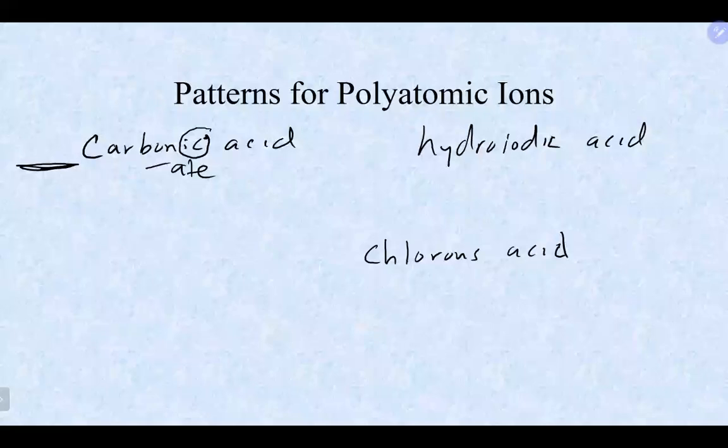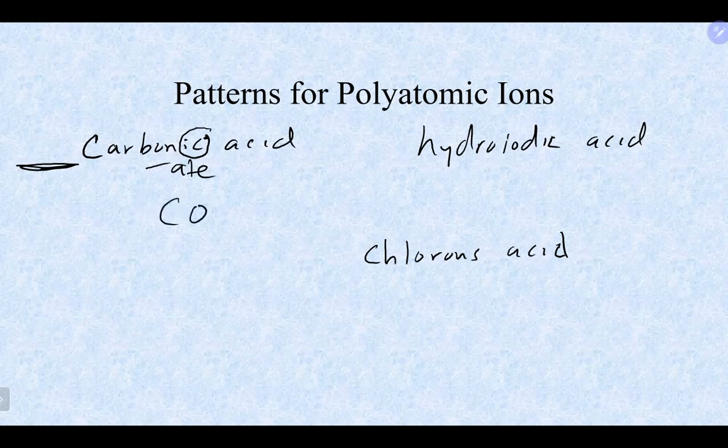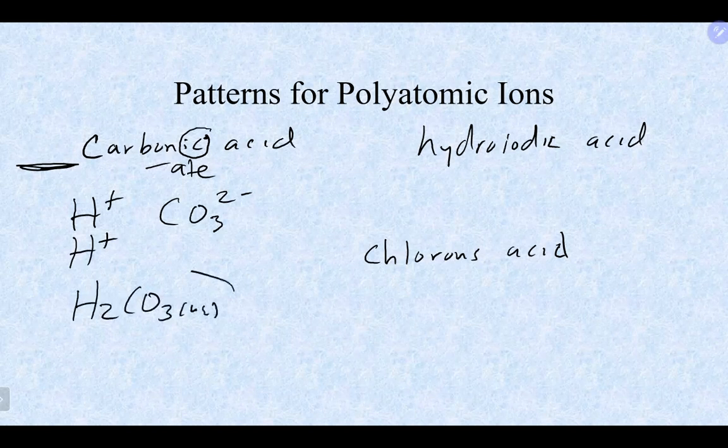So that's like carbonate, right? And that tells me that is the polyatomic ion that I am dealing with, carbonate. And I know always the acid H plus is the positive guy. So when I put this together, I need 2 of these guys to balance it out to get me to my proper formula of carbonic acid, which looks like this.